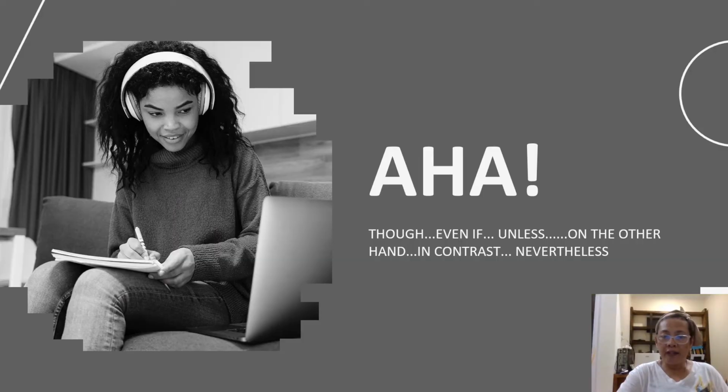So, I will tell you again once more. This is the aha moment. You have though, even if, unless, on the other hand, in contrast, nevertheless. Ini semuanya ada ya untuk menggunakan adverbial clauses of contrast or oppositional.